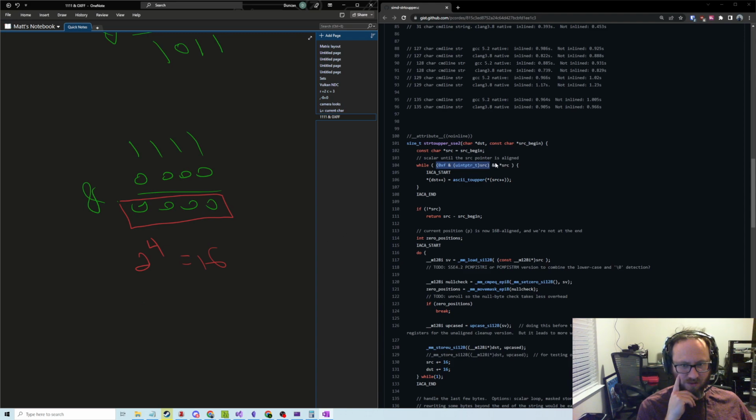Because your source pointer, your memory address, which is an integer, is like FFFF, and we're doing F and A B C 0.